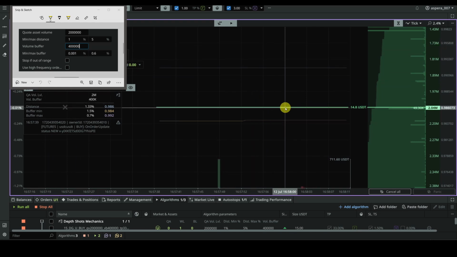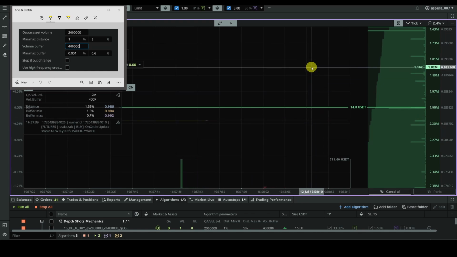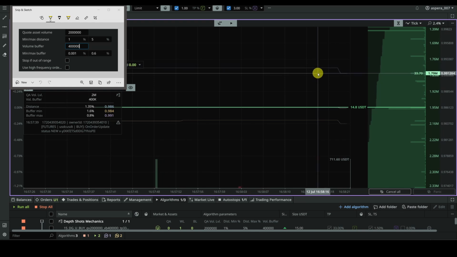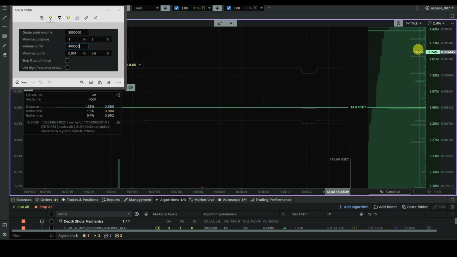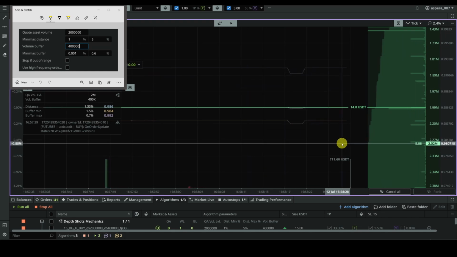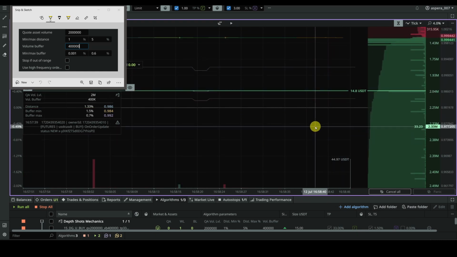Half of it is 200K. Here we are at 2, and here we are at 2.2. Excellent. And for this one, it's about 1.8. Yeah, so you can see that the order book is kind of asymmetrical. And that's why the buffer looks like this.